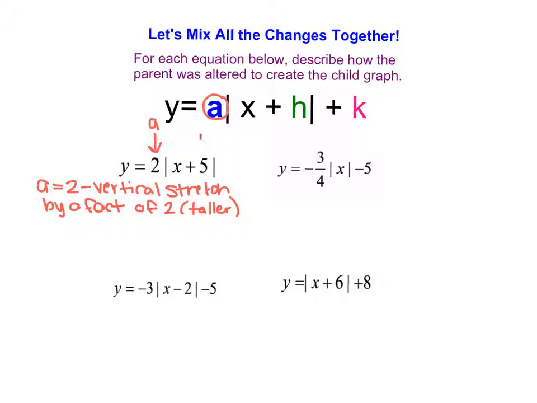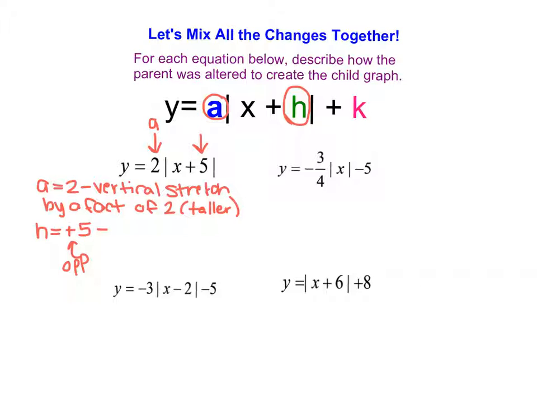Then here I notice I have a value being added to the inside of the absolute value, and that corresponds with H. So H is equal to a positive 5. And remember, this is a horizontal change. H stands for horizontal. And remember with H that these move the opposite of what we expect.